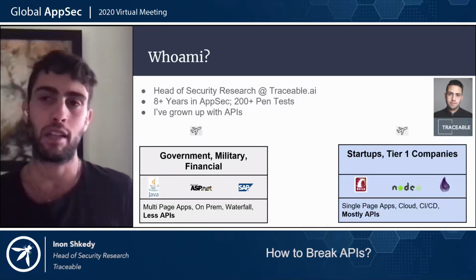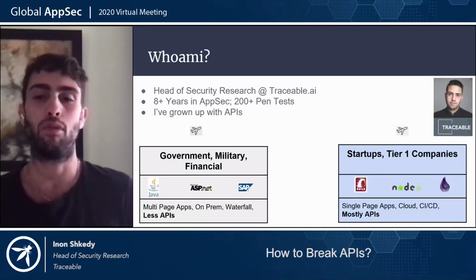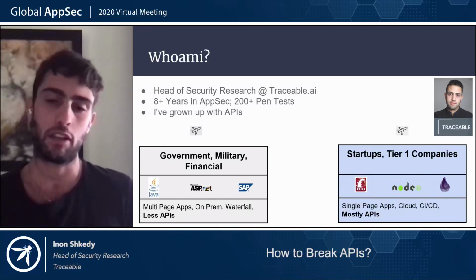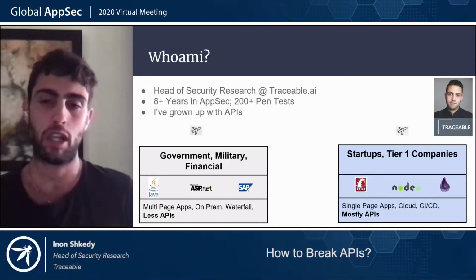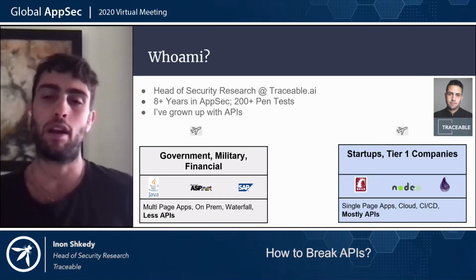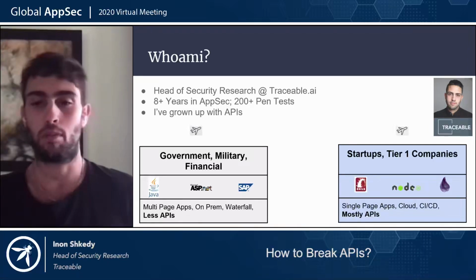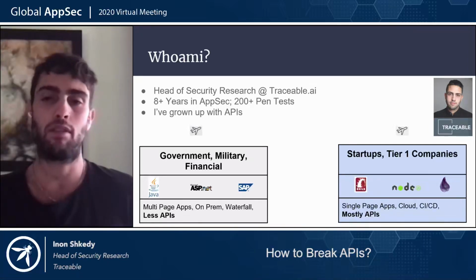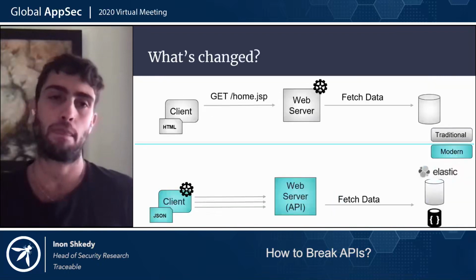And the interesting part is that I also got exposed to new concepts like single page applications instead of multi-page applications, cloud environment, CI/CD, and the most important part is that all these applications are heavily based on APIs. It's no longer just a niche component for B2B communication. Today it is the backbone of the application.